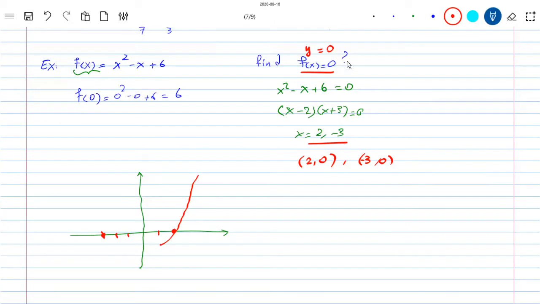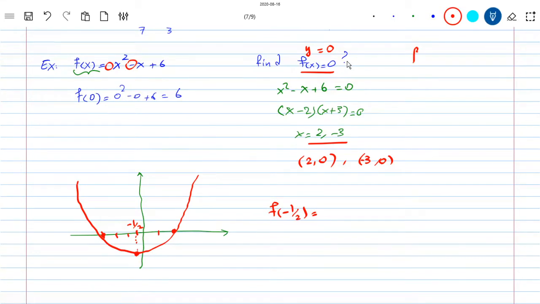So do you expect something like this? You can figure out where the vertex is. Vertex is this end point down here. This is halfway between these two, between 2 and negative 3, which happens to be at negative 1/2. You can find out the y value by simply calculating what is f of negative 1/2. And by the way, this middle point is a way to figure out what that is based on the coefficients.